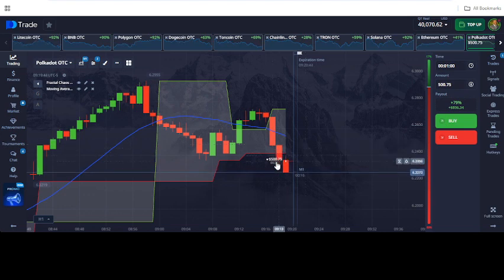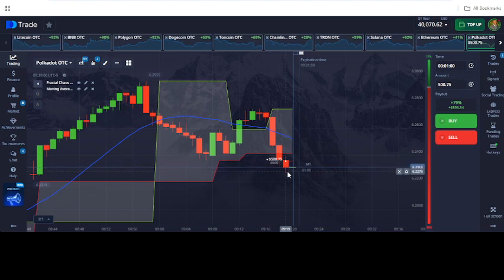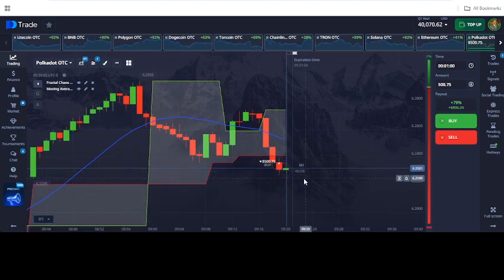And then secondly, this previous red candle closed below the lower boundary of the fractal chaos band line here, which suggests a bearish breakout to the downside. So let's monitor this trade and wait for the expiration. Okay, so we won that trade.